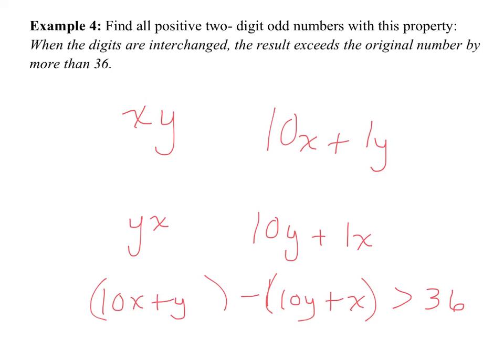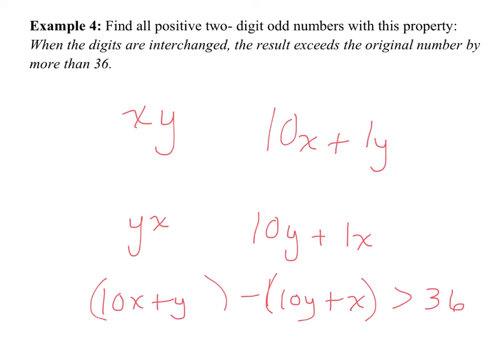This ten spot is worth 10, plus the coefficients 10x and 1y. Here, the same thing happens, but reverse of it. Now, we know that when we subtract this minus this, we should get something bigger than 36. Well, this, on the upper left right here, is really just this. So this minus this gives us a quantity greater than 36.